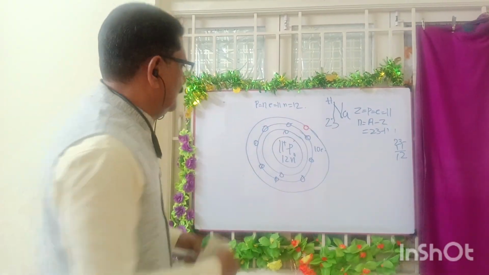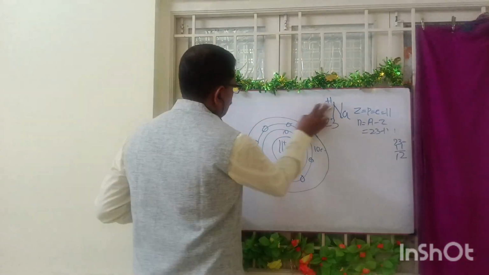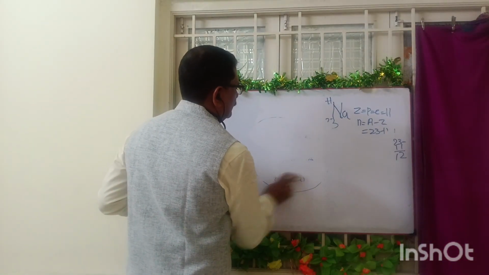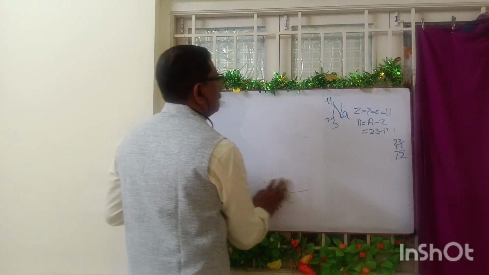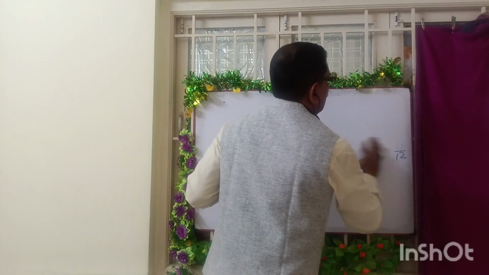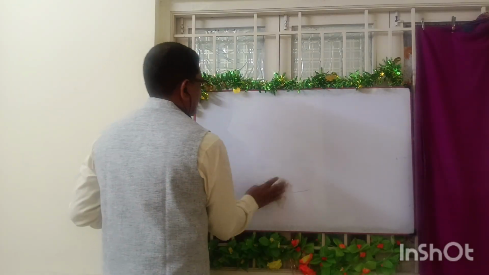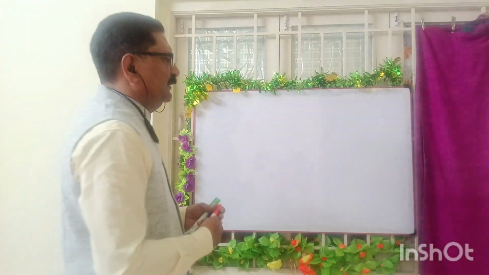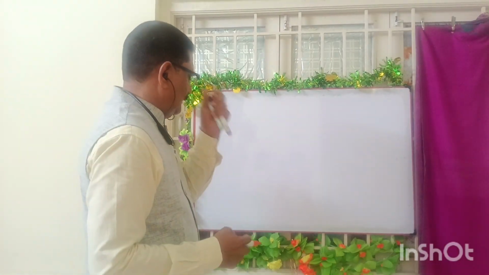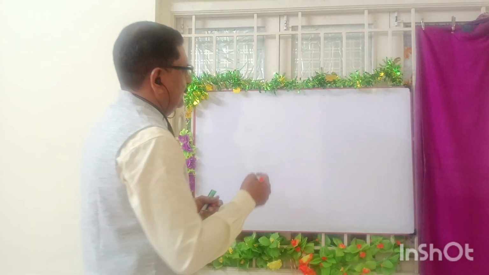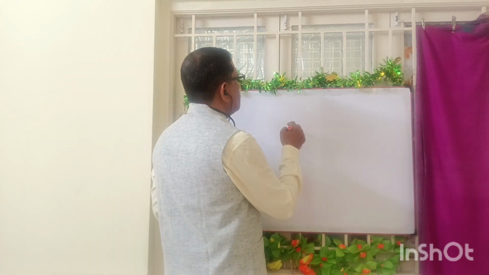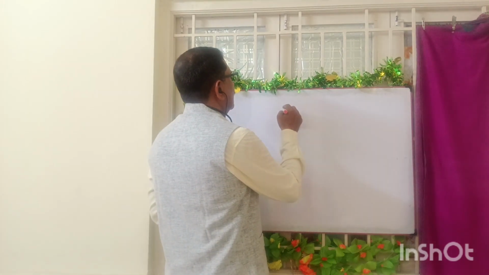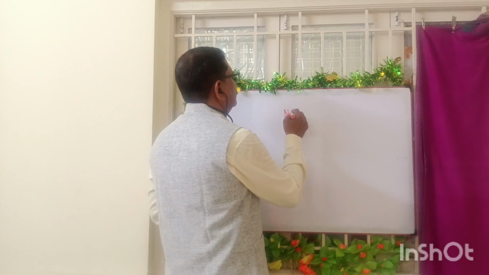Now this is the structure, and you can practice it with different elements until you understand it thoroughly. But for simplicity, later we will use another method. I will take the example of sodium.